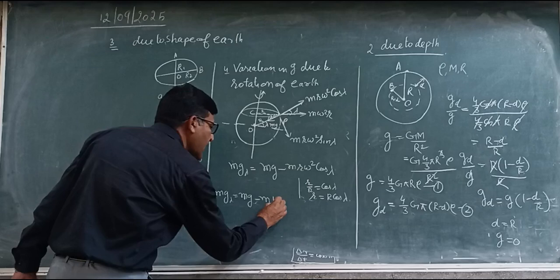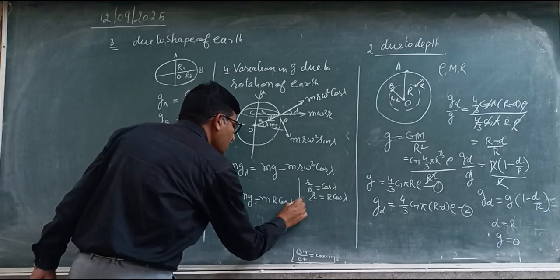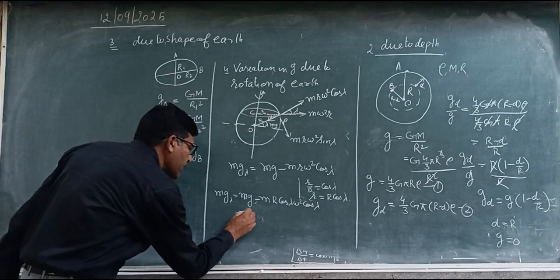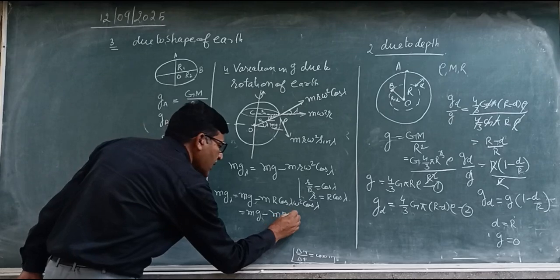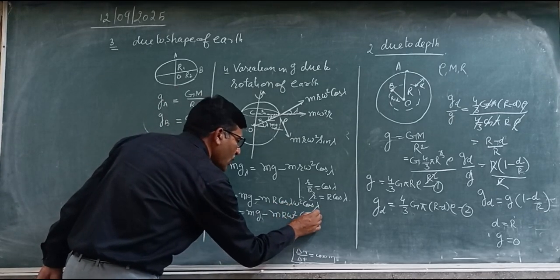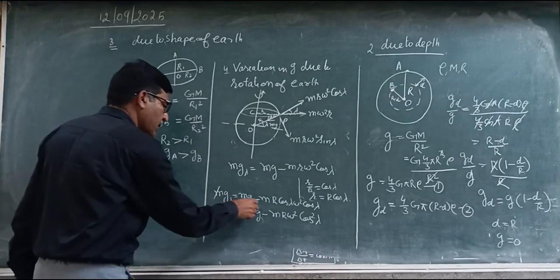Put the value of r, R cos lambda. This is omega square. This is cos lambda. I am making it very simple. That is mg minus m R omega square cos square lambda. So m goes off.